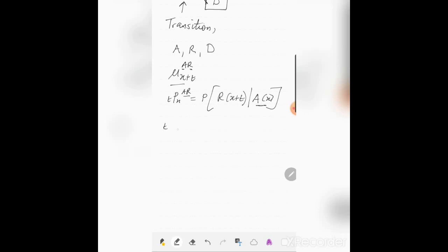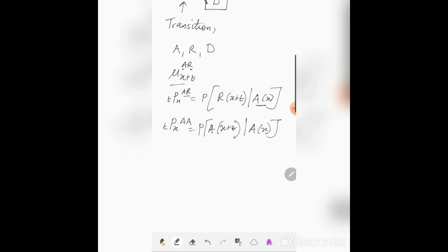But the same thing if I write tPx AA, this means the probability that a person is active at time x plus t, given that he is active at time x.